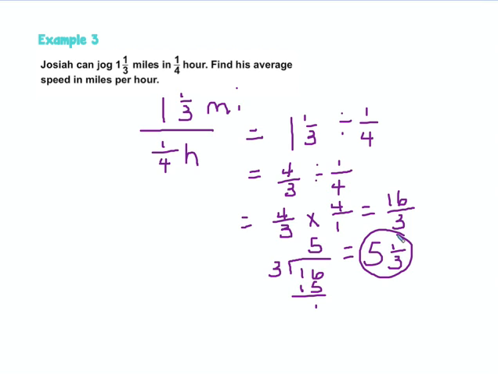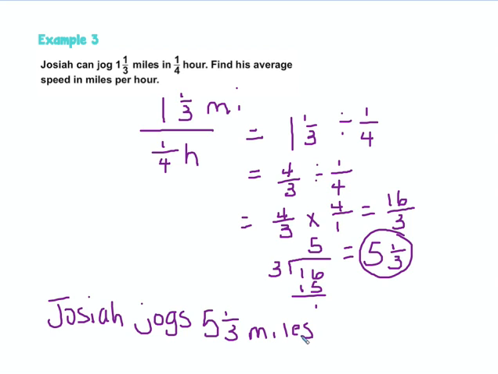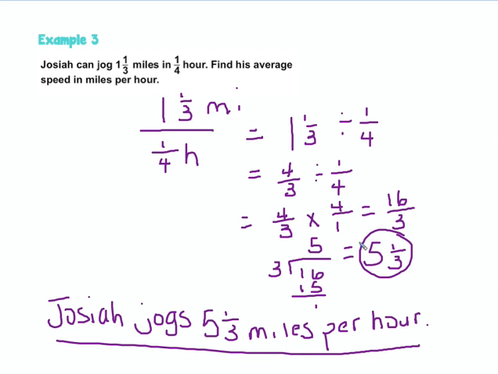So we know that Josiah jogs 5 and 1/3 miles per hour. So there's our final answer. Okay, let's go on to example number 4. Make sure that you've copied everything before you move on.